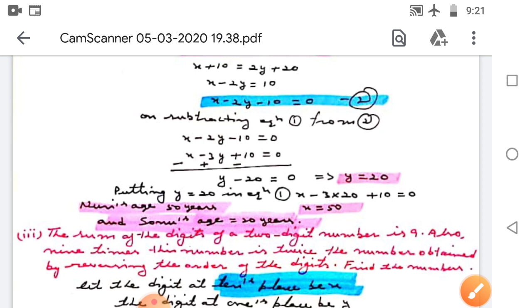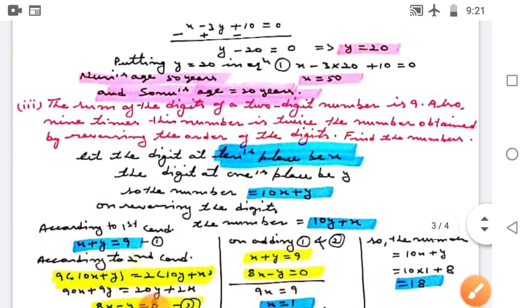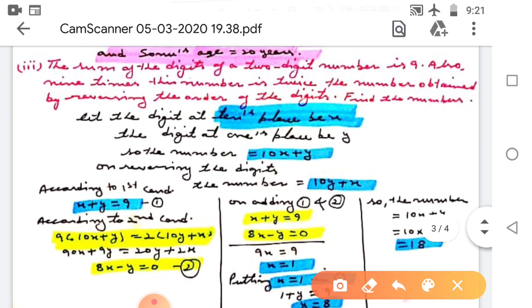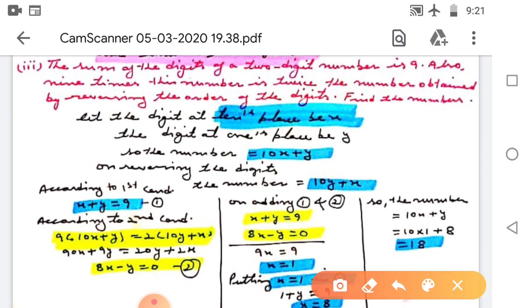Right? Now come to question number 2, third part. The sum of digits of a 2-digit number is 9. Also, 9 times this number is twice the number obtained by reversing the order of the digits.